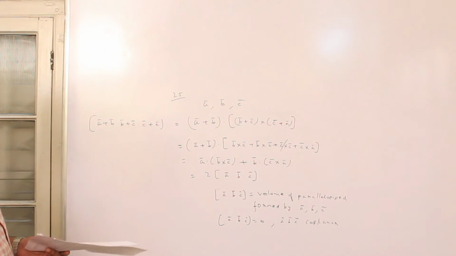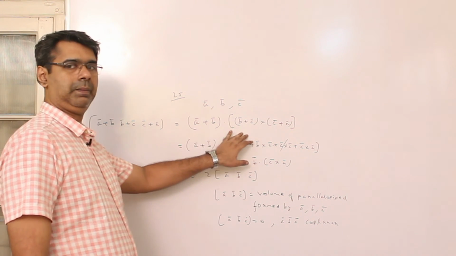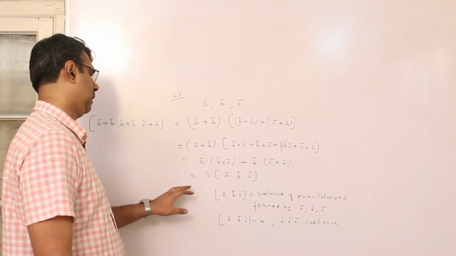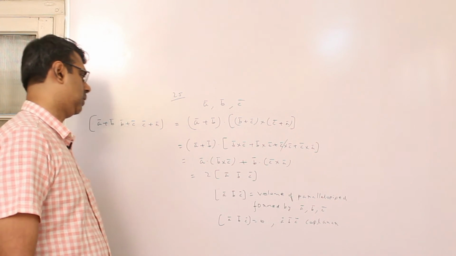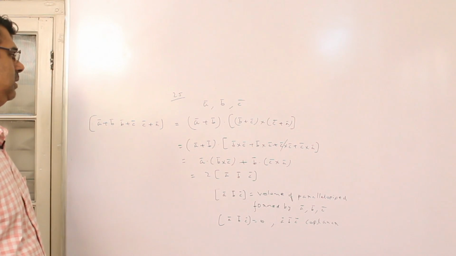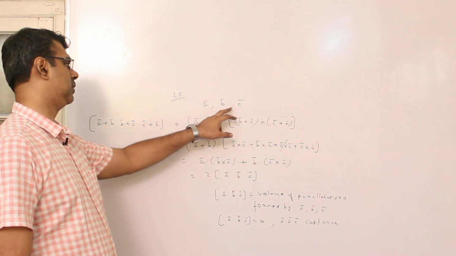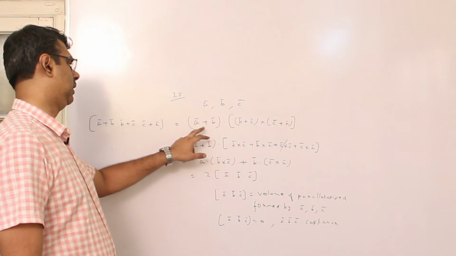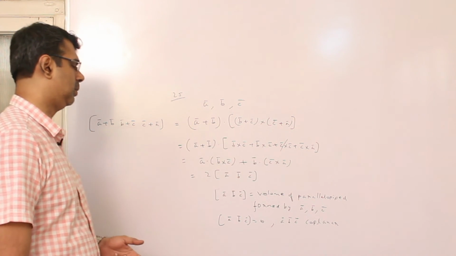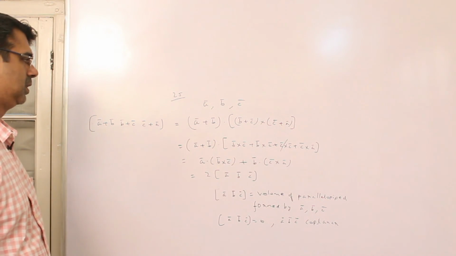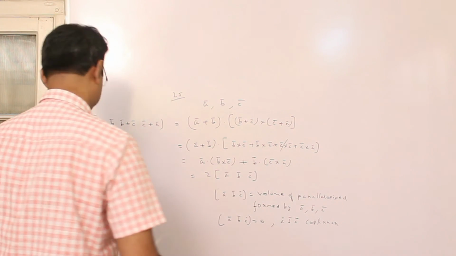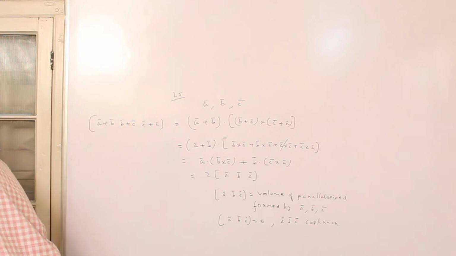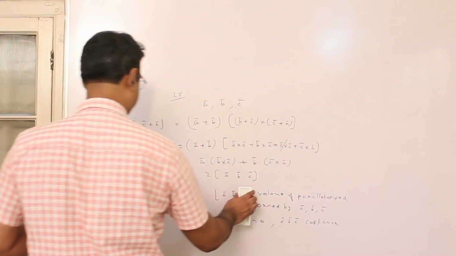So the scalar triple product of A plus B, B plus C and C plus A is twice the scalar triple product of ABC. This means that if this combination is coplanar, then definitely this combination will also be coplanar and vice versa. So that completes the proof of sum number 25.